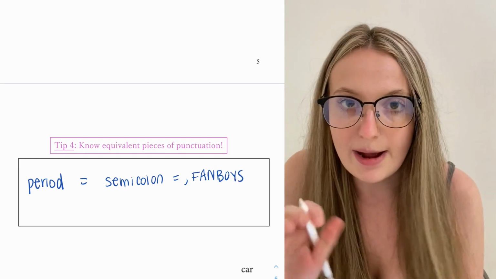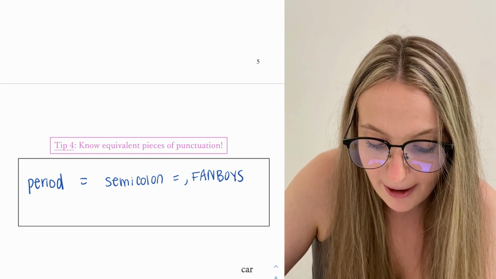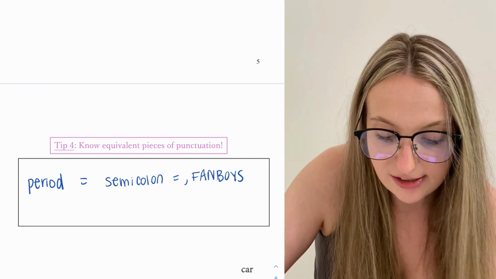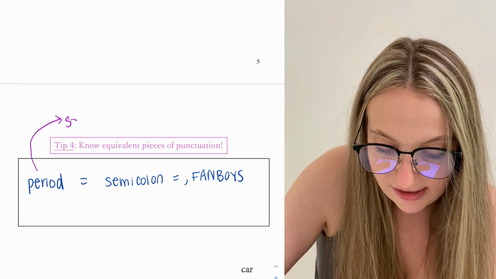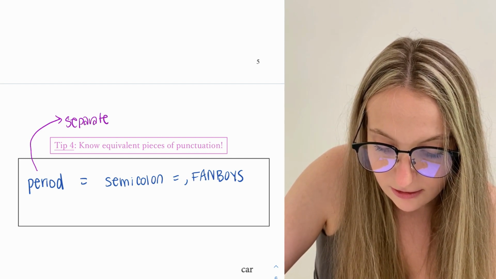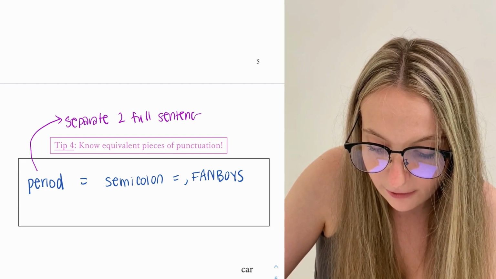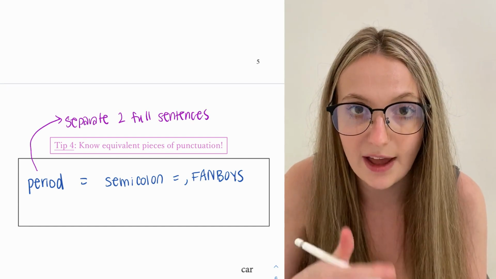I'll explain what fanboys is in a second, but what we want to know about each of these three pieces of punctuation is they're all used for the same purpose, which is to separate two full sentences. So if you have two grammatically full sentences, you can go ahead and separate them with any of these three.